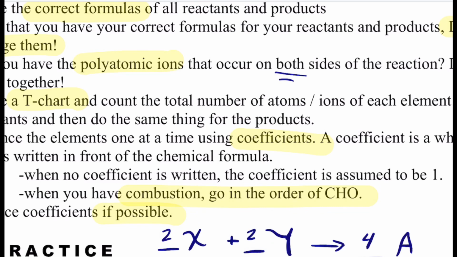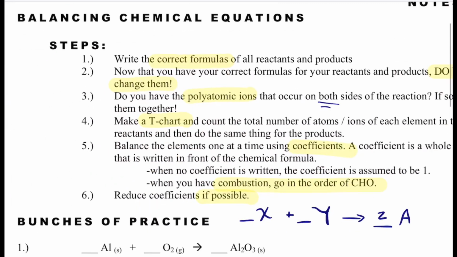That can be reduced. Each of those is divisible by 2, so what I really should have is 1, 1, and 2. And again, whether I have 1 or just blank, those both mean 1. Okay, so let's get started.